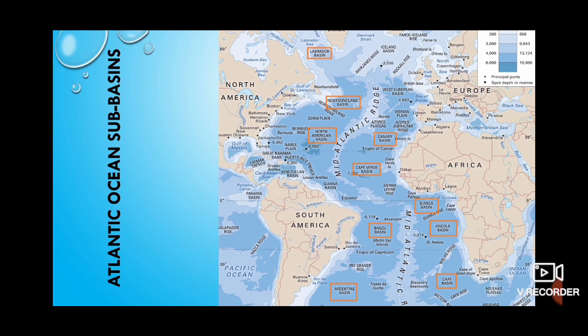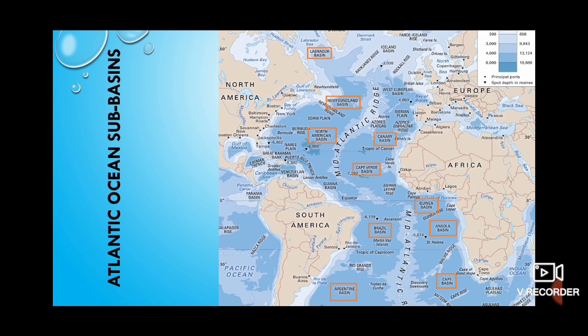The most important basins in the West Atlantic Basin are the Labrador Basin, the Newfoundland Basin, North American Basin, Brazilian Basin and Argentine Basin. In the East Atlantic Basin, we can find the Canary Subbasin, the Cape Verde Basin, the Guinea Subbasin, Angola Subbasin and Cape Basin.